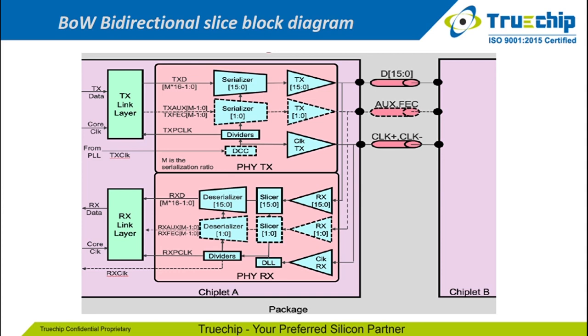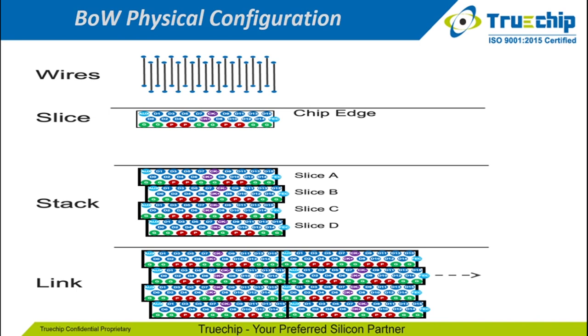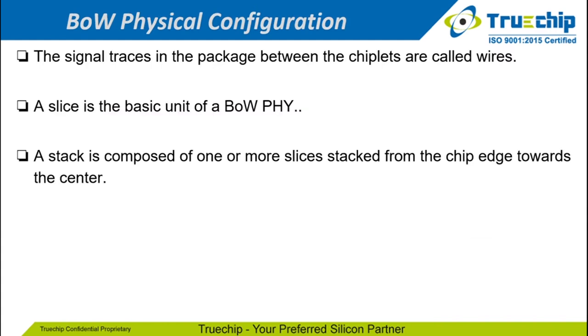So here we have the BoW bidirectional slice block diagram, for which we have two chiplets, chiplet A and chiplet B, where both can behave as transmitter and receiver. Here we have the BoW physical configuration, where we have wires, slice, stack, and link. The signal traces in the package between the chiplets are called wires.